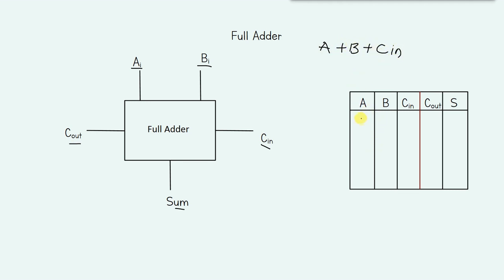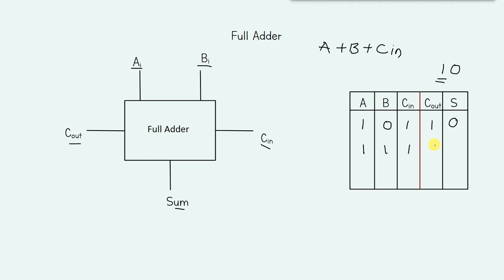Consider A is 1, B is 0 and Cin is 1. Then we have 1 plus 0 plus 1, which is 2, and its binary equivalent is 10. So we have a carry here. The sum is 0 and the carry Cout is 1. And then consider 1 1 1, all the inputs are ones.